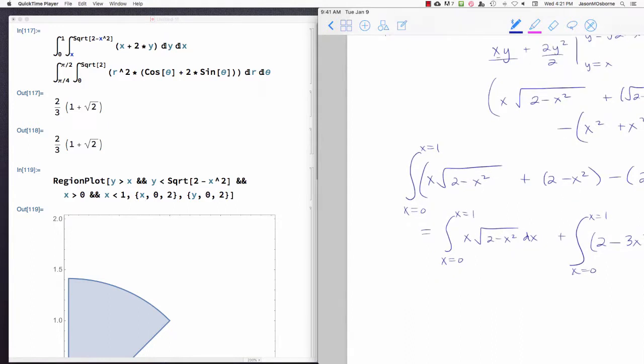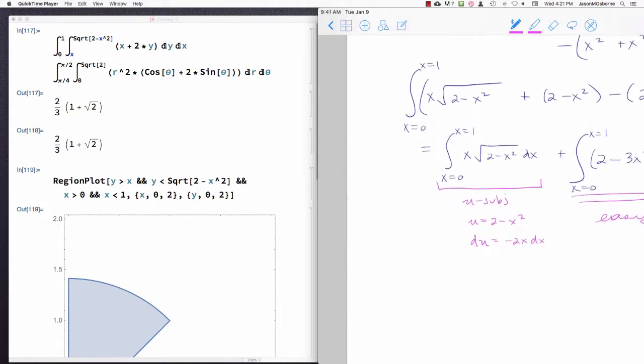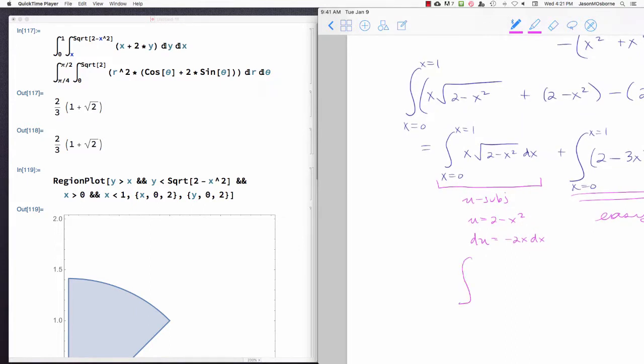Okay. So this integral, easy. And this integral is a u substitution integral, okay, with u is equal to 2 minus x squared. du would be negative 2x dx. So this integral will get converted to negative 1/2 square root of u du.